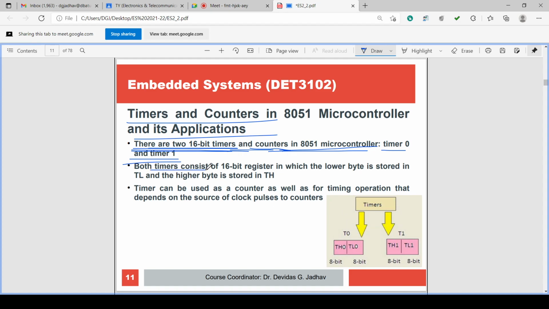Both timers consist of 16-bit registers, so the number of bits in each timer is 16, which is 8-bit plus 8-bit. The lower byte is stored in TL and the higher byte is stored in TH. So two timers are there, timer 0 and timer 1.